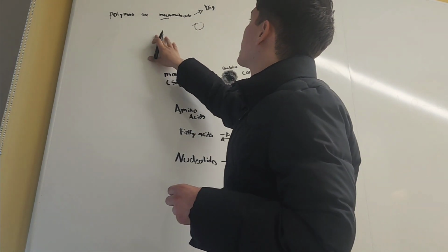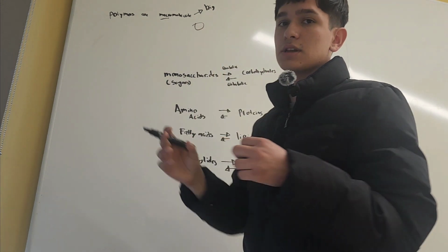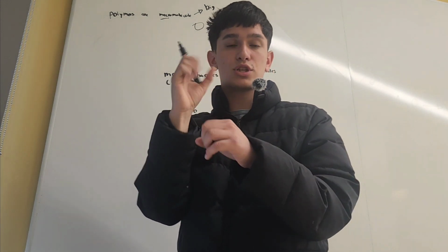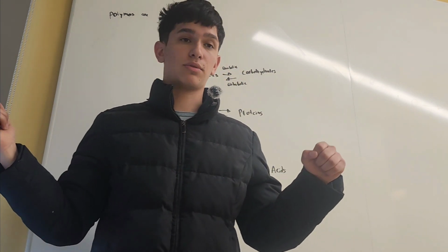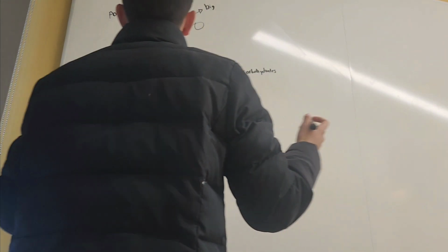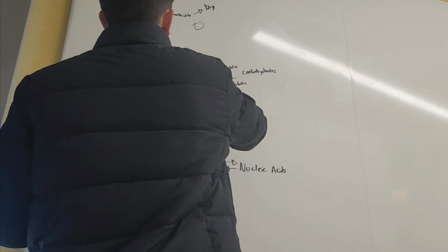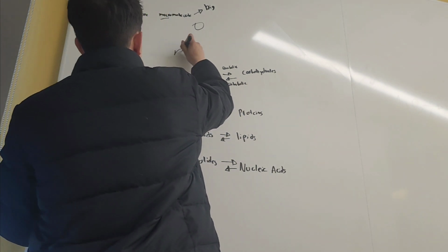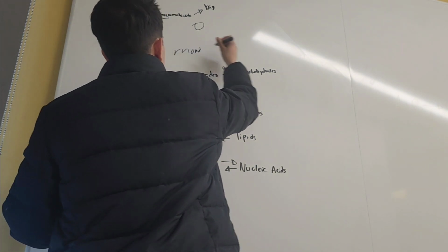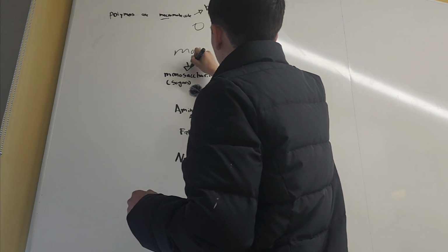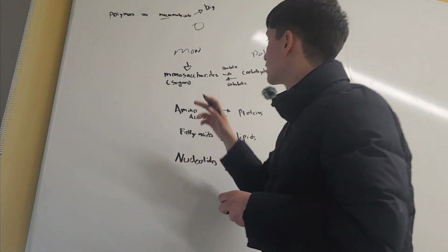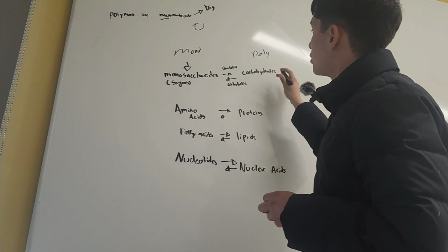So polymers can be macromolecules because you get a bunch of monomers, and after that you get a macromolecule or polymer. Monosaccharides, these are the monomers, right? Mono, and these are the poly.